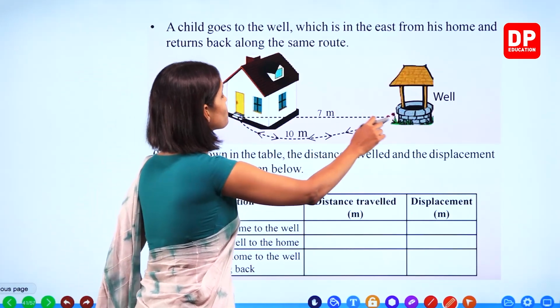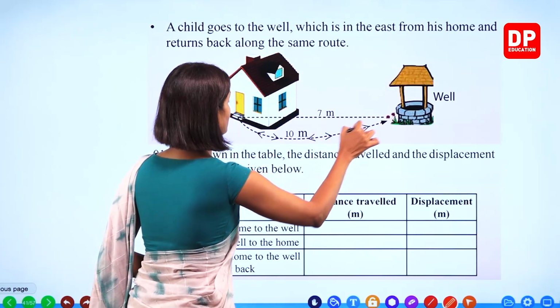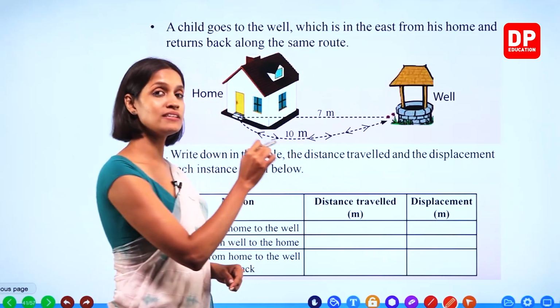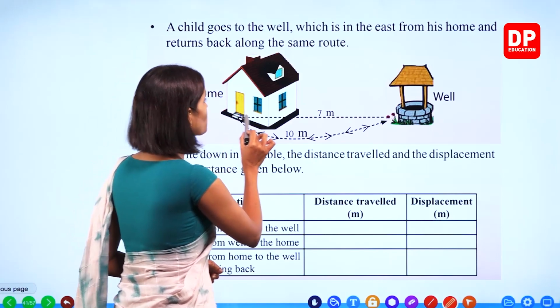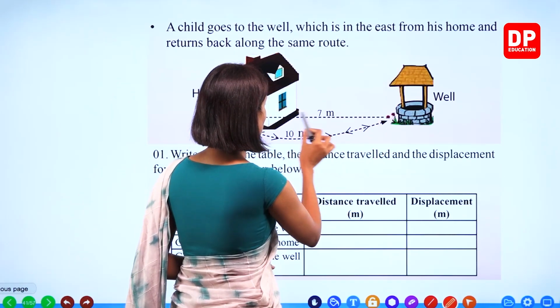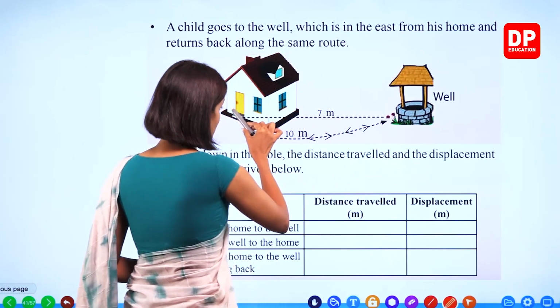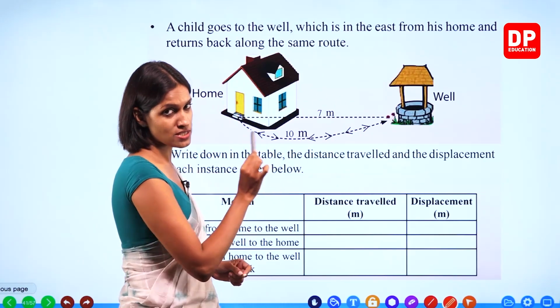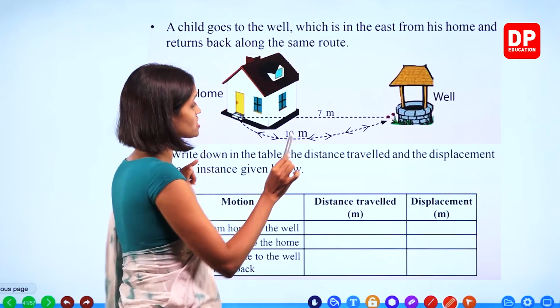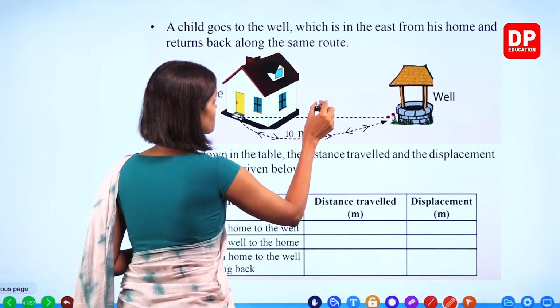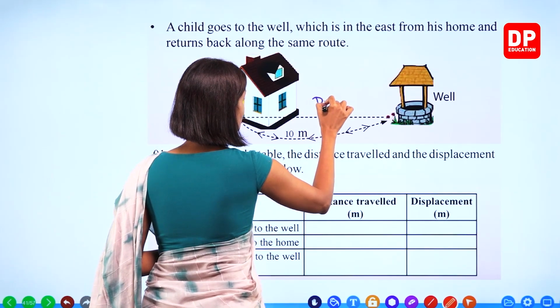From home to the well, this is the path taken. Look at the circular path that is taken. From home to the well, you can see the straight line. Again, it is the linear length between the start and the end, the two locations, right? That is the displacement. So we will simply write this is the displacement.